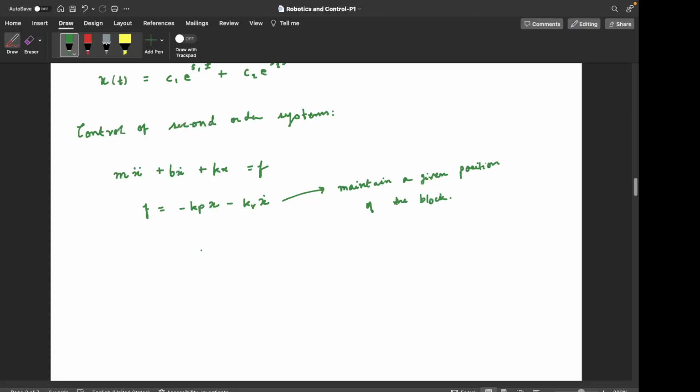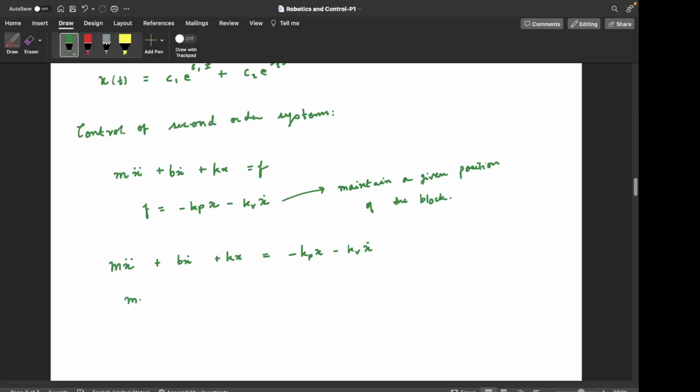So if we put the expression of f in the equation, this is m x double dot plus b x dot plus k x is equal to minus kp x minus kv x dot, right?